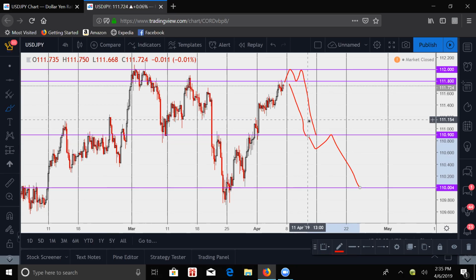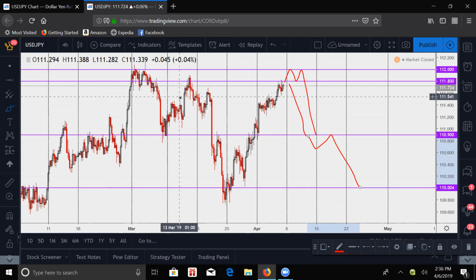If it doesn't go your direction, it's always good to have a plan for the other way, because you may be wrong, and you can still get in the other way if price doesn't go your intended way the first time. You just have to be smart about it, have proper risk management, and not over leverage. So that's pretty much it for the dollar yen.